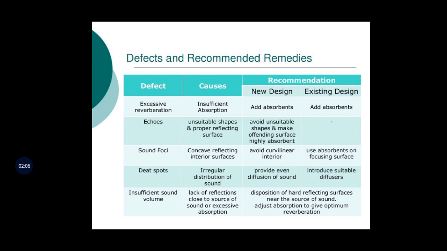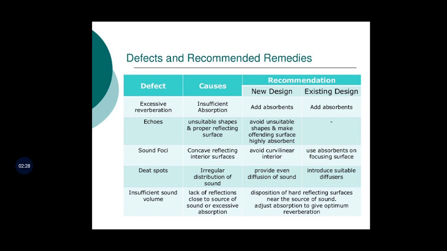Echoes defect is there, the cause is unsuitable shapes and reflecting surfaces. I already told you, unsuitable shapes means avoid the curved shapes. So the solution given is to avoid unsuitable shapes and make the surfaces highly absorbent. Instead of a plain smooth surface, go for a rough one.